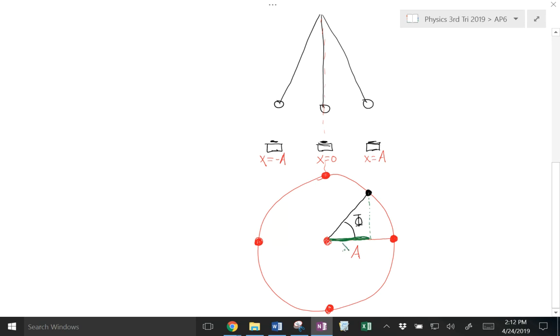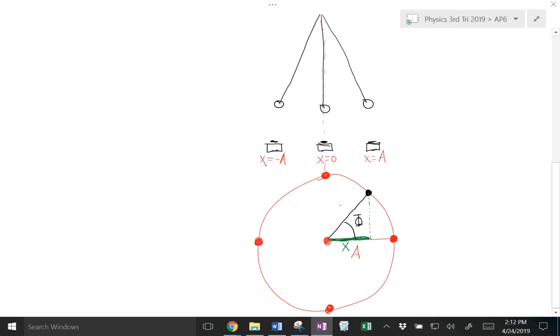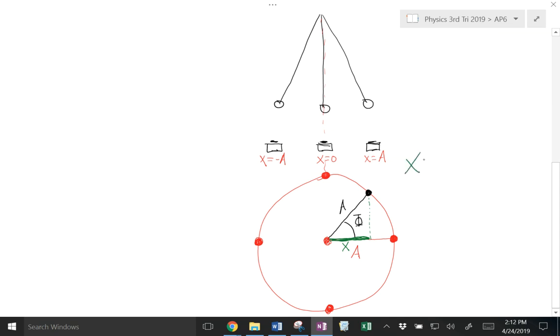This would be x. The distance from the center to the outside is always a. So my position x is going to be equal to a, the maximum displacement, times the cosine of that angle. I don't like calling it phi. Let's just call it theta.